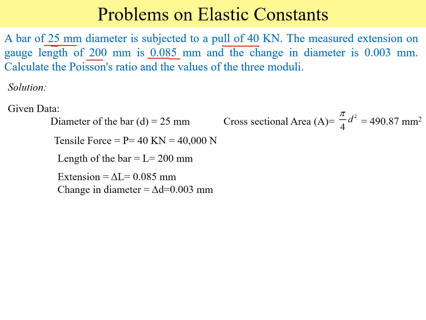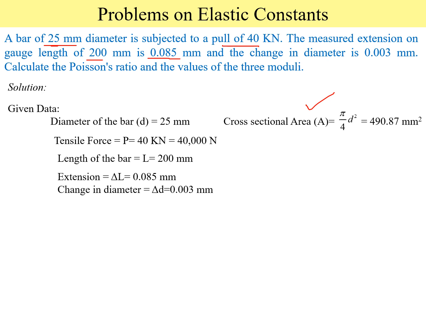So the given data: first one is the diameter of the bar. Let us consider small d equal to 25 mm. Then we have to calculate the cross sectional area, capital A, which is pi by 4 d square. So the cross sectional area of the cylindrical bar is 490.87 mm square.